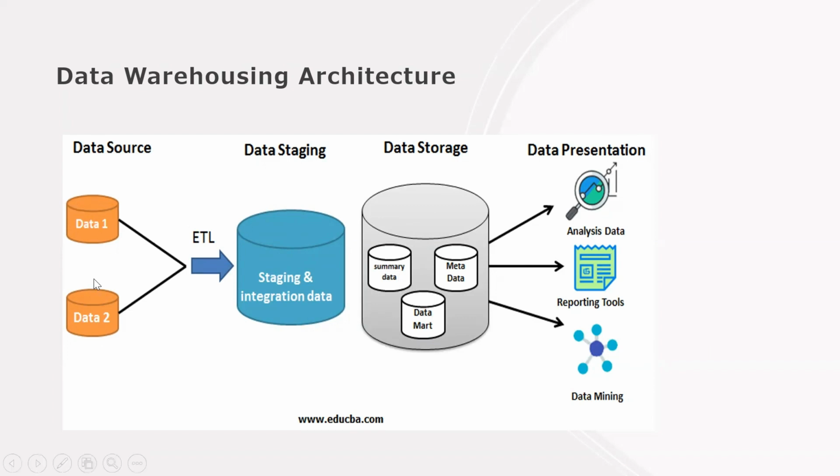These sources can be of any type. The source system can be a file system, a database system, or images or videos as well. So both structured and unstructured data can be saved in my data source. But in DataStage, as of today, we can handle only structured data.